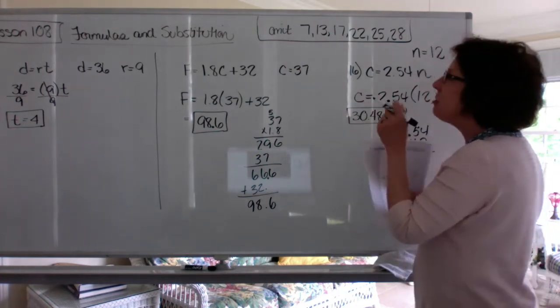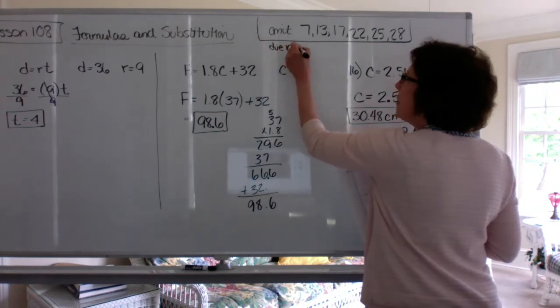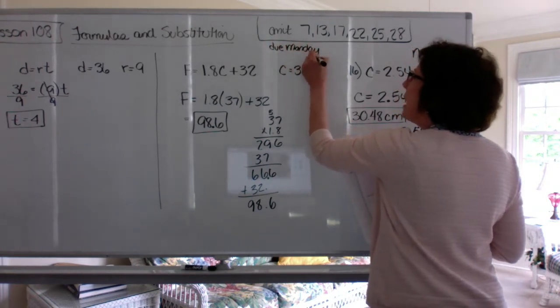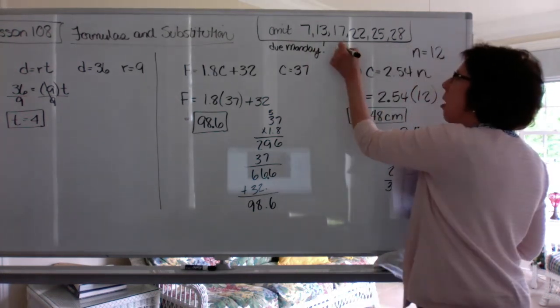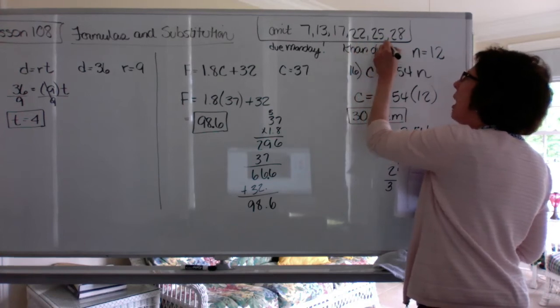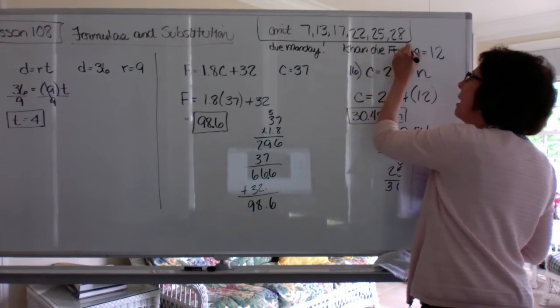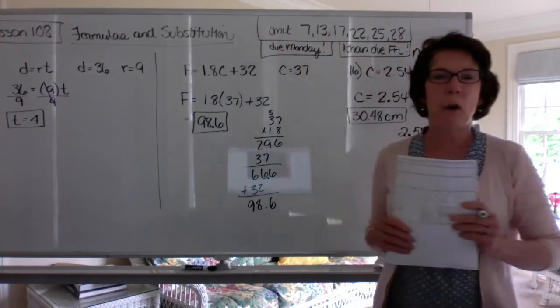Now, this is due on Monday. I'm going to put here due on Monday, but let's not forget that you do have Khan Academy is due on Friday. So Khan is due on Friday. Math homework is due on Monday.